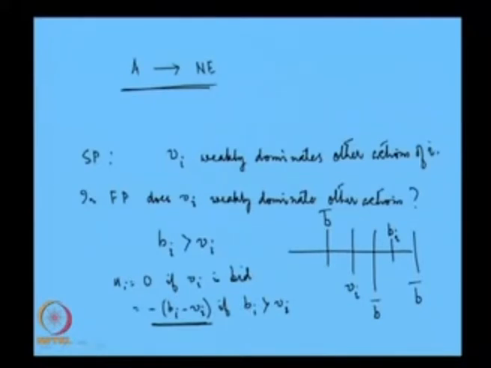So, the player is indifferent. So, considering all possible cases, bidding Vi is either better or gives you the same payoff as bidding Bi. Therefore, Vi weakly dominates Bi.